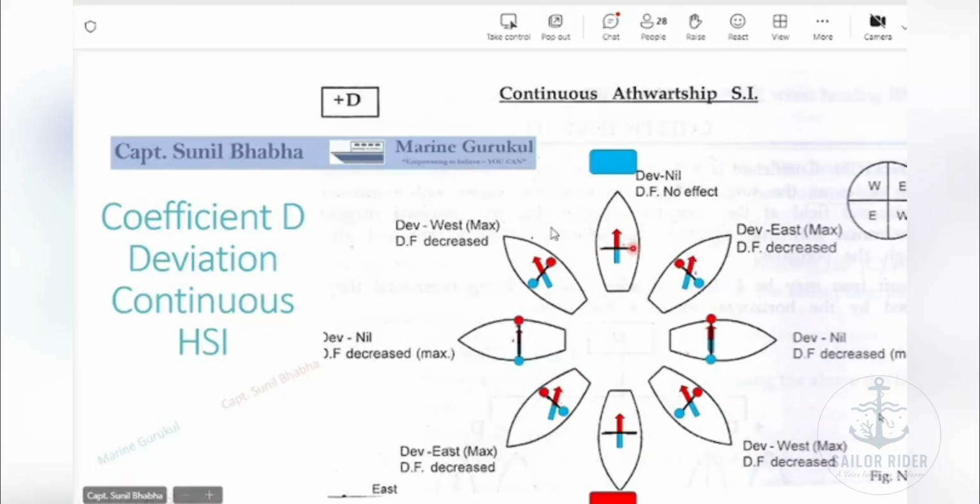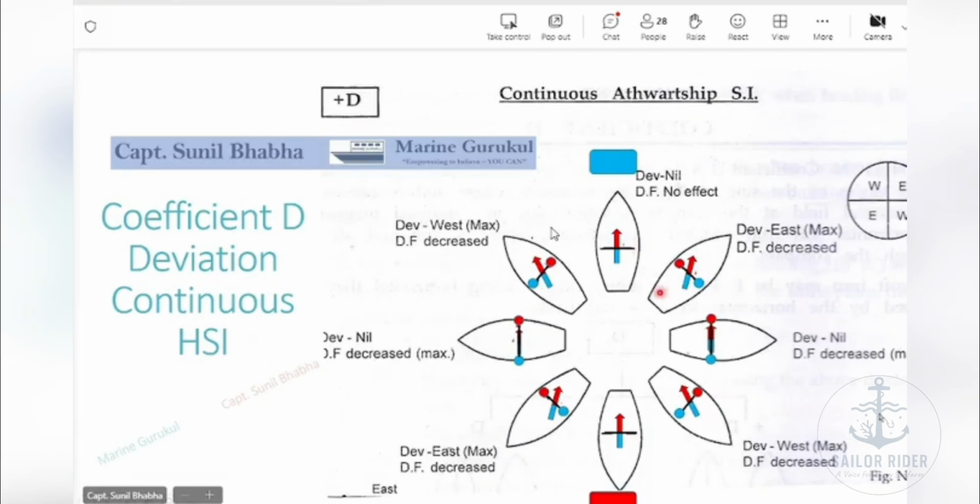Now since it is perpendicular, there is no induction or almost zero induction which happens on the beam. If there is no induction, no poles are generated, and if there are no poles, no deviation is generated. So the deviation generated on northerly heading is 0.